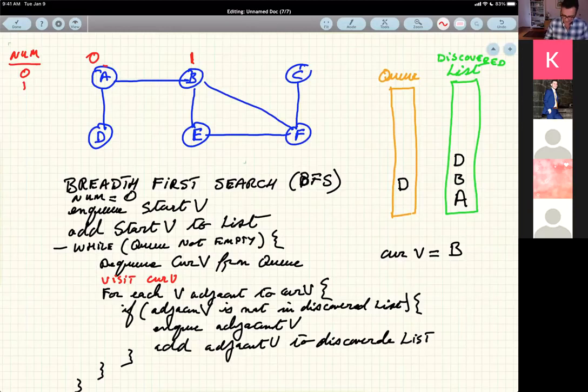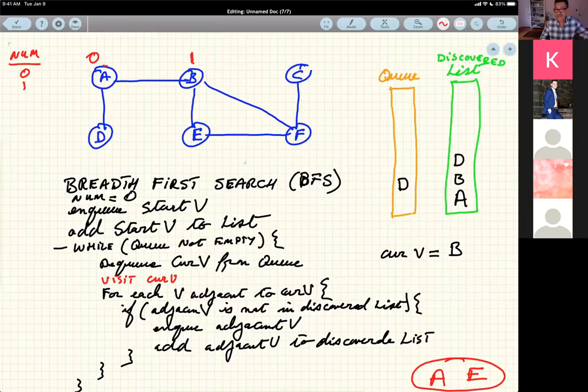So B gets a distance of 1, and then for each vertex adjacent to the current vertex, what are the vertices adjacent to B? The vertices adjacent to B are A and E, right? B says, if A is not in the discovered set, so it looks at A first.